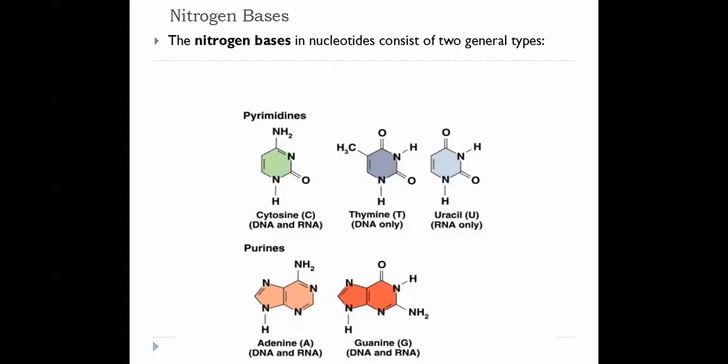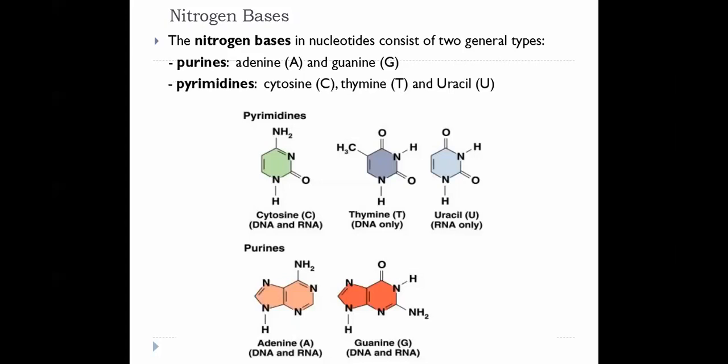Nitrogenous bases in nucleotides consist of 2 groups, which we've already talked of. Purines: adenine is abbreviated as A, and guanine as G. Then pyrimidines: cytosine, C; thymine, T; uracil, U. So these are points to remember.